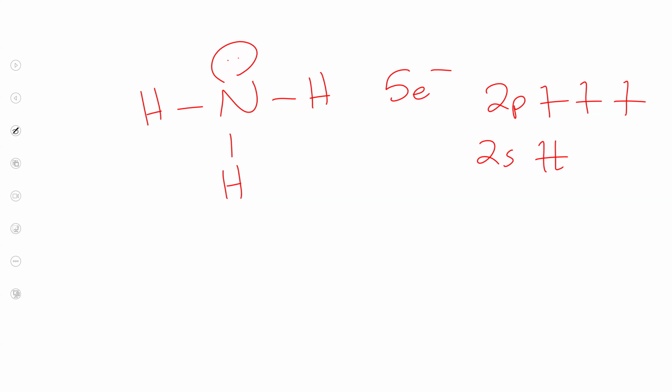So how does it own all of those? None of those? Half of them? It owns half of the ones that are in bonds, right? Because there's 2 electrons there, but they belong half to this hydrogen and half to the nitrogen. So if we look at how many electrons this nitrogen owns, we could say it owns 5 electrons, 2 that it owns outright, and 3 that it owns partially.